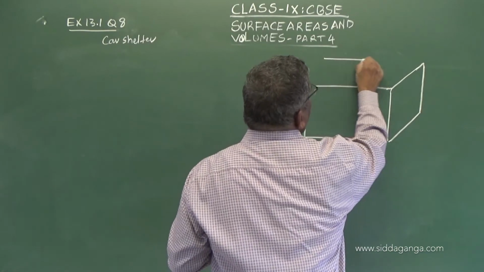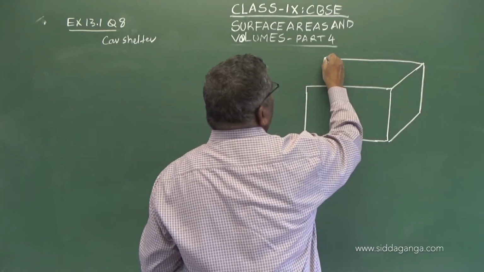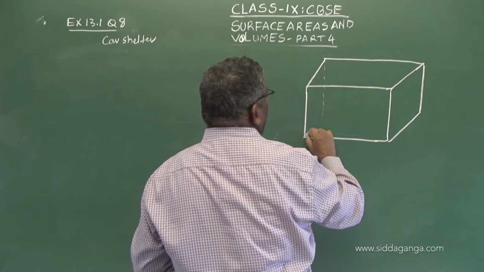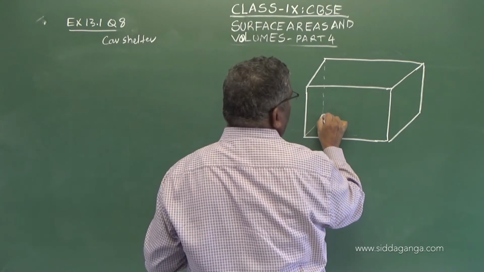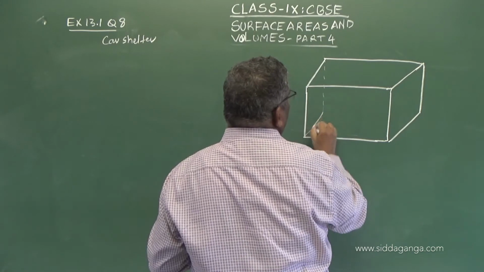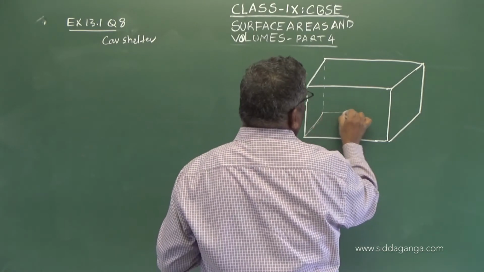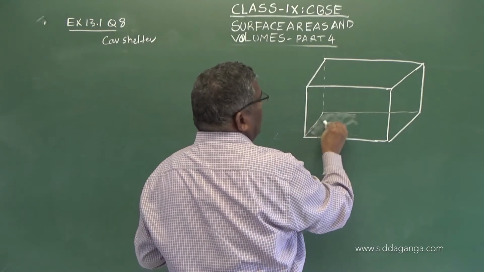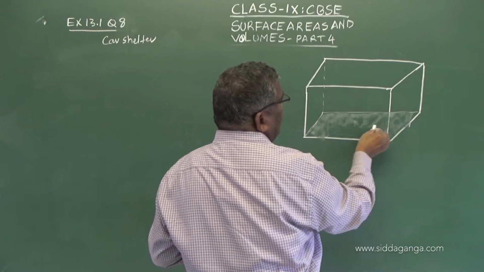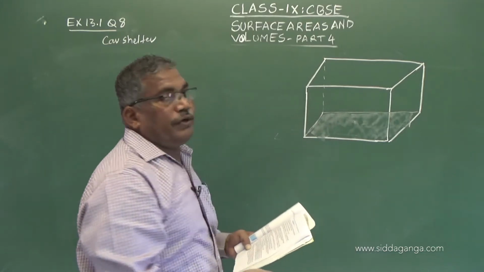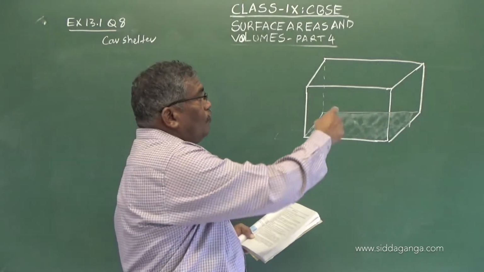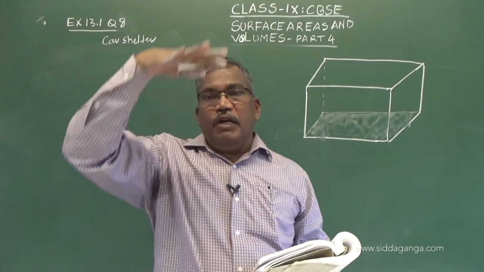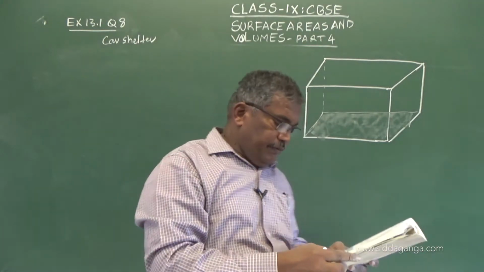So you are familiar with cuboid now. Now, see, this is the base or the ground, excluding the ground. All four sides, that is the lateral surface area, plus the top is to be covered.